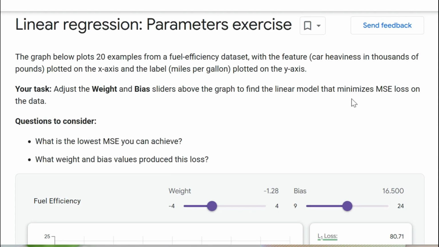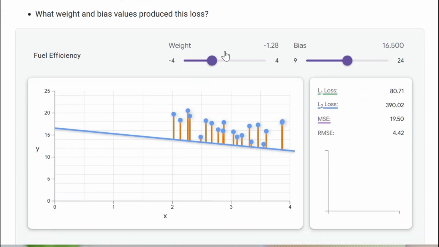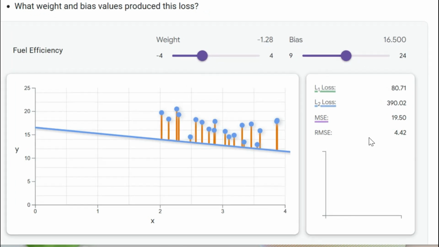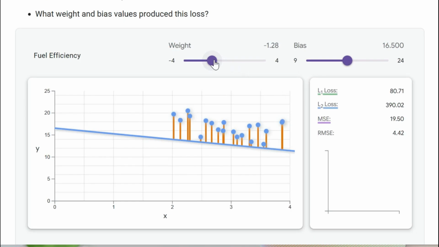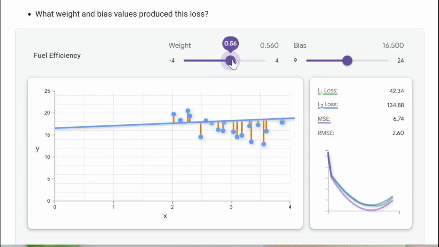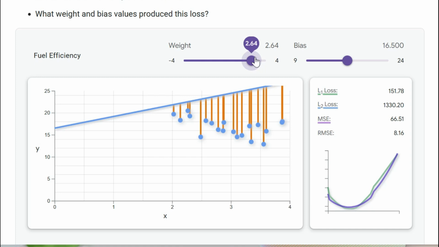Now let's see an interactive exercise where we can see how we can adjust the parameters of linear regression so that the best fit line changes accordingly. Now as I said, these weights are actually my slope of the line, and the bias actually represents the y-intercept. Now let's change the slope of the line and then monitor the losses on the right side. As you can see, if I'm changing my slope, the losses are actually increasing.